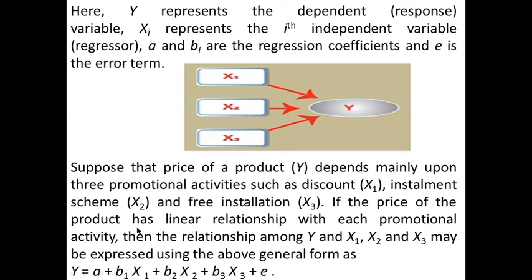If the price of the product has a linear relationship with each promotional activity, then the relationship among y and x1, x2 and x3 may be expressed using the above general form as y is equal to a plus b1 x1 plus b2 x2 plus b3 x3 plus e.